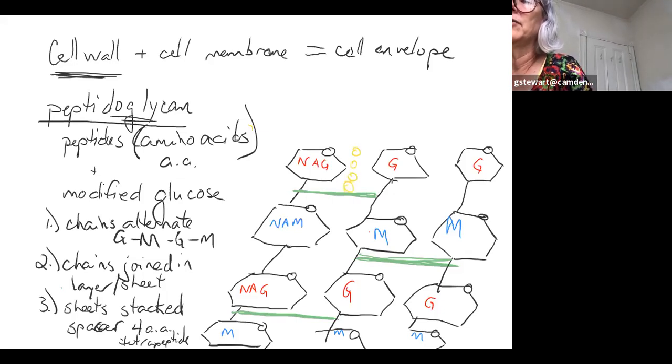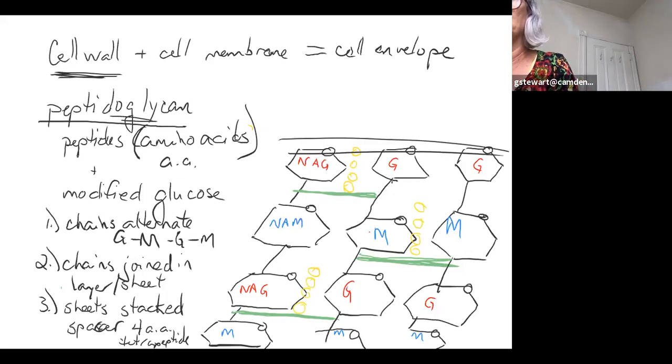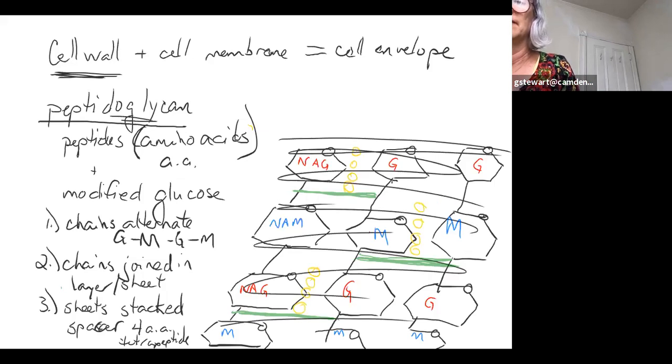So this is the tetrapeptide here in yellow, right? And then that's going to be able to be an attachment for another layer on top of this, right? Which I don't know how to draw that, so I'm going to stop the sharing, right? So it would be like if one layer, I'm trying to think of a way to do this, right?